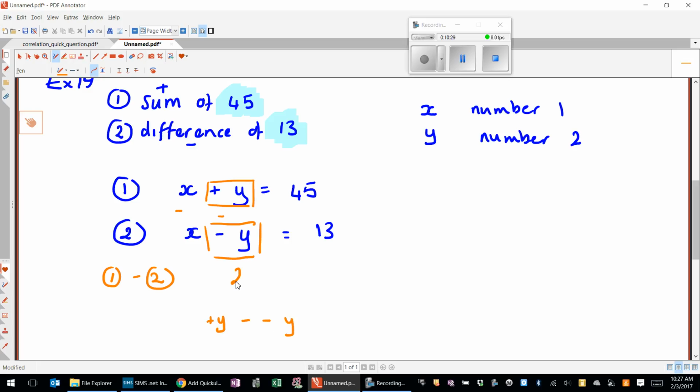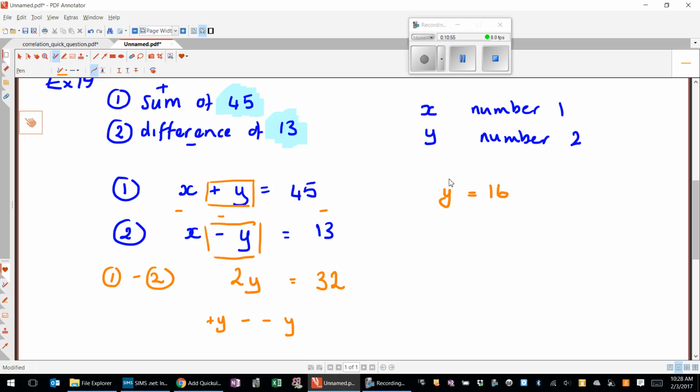And then 45 subtract 13 equals 32. So I've got 2y's is 32, y is 16. Good. So we've got the first one.